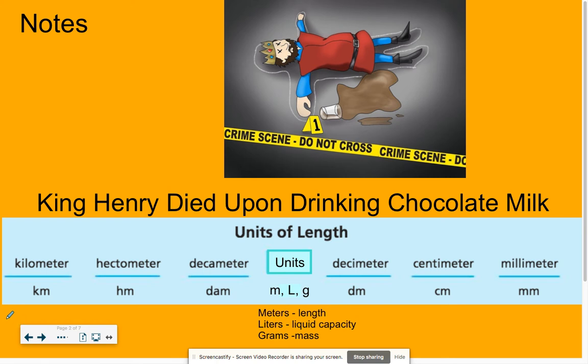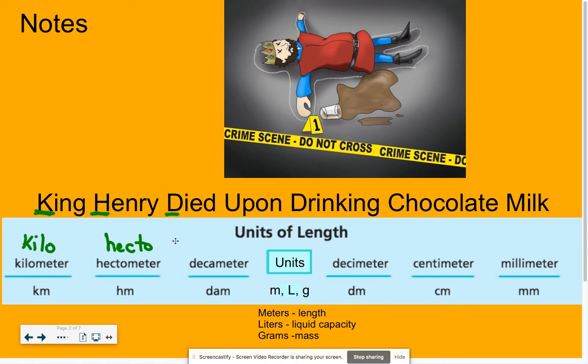And we made up this silly little phrase, King Henry died upon drinking chocolate milk. Oh, poor Henry. But if you can remember this phrase, the K in King stands for kilometers, or kilo, which is abbreviated with just a K. Henry is hecto.